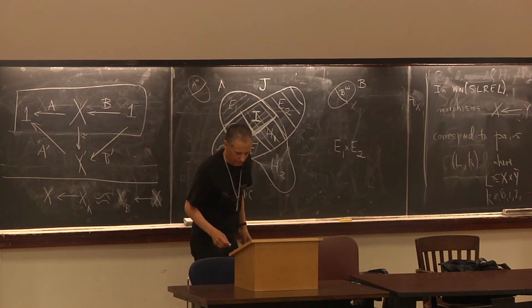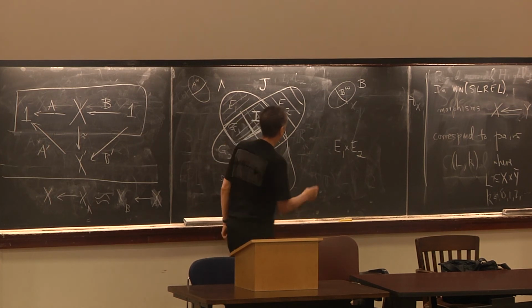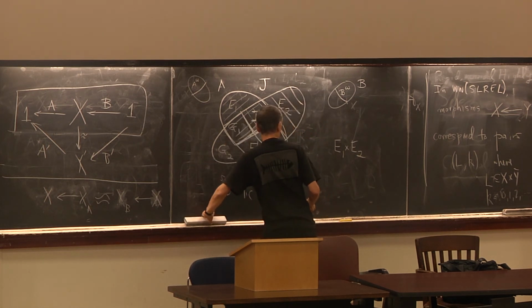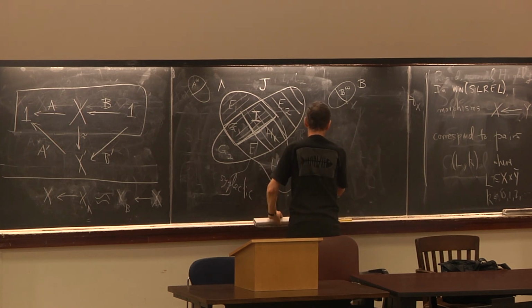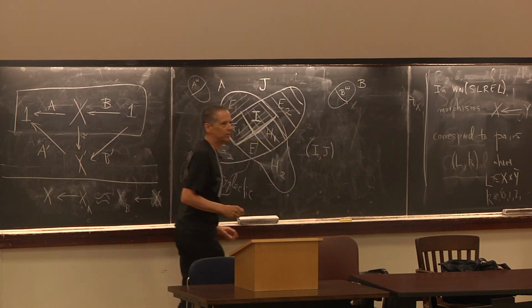So we have, instead of writing the products here, I will write I comma J. It's a Lagrangian pair in their direct sum.